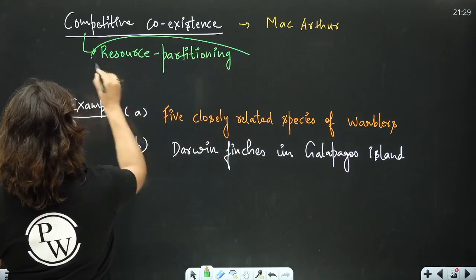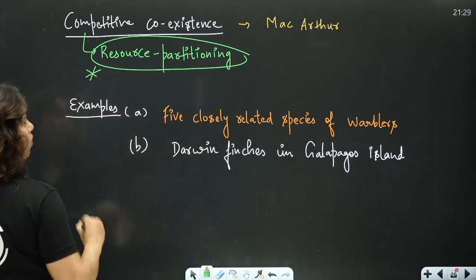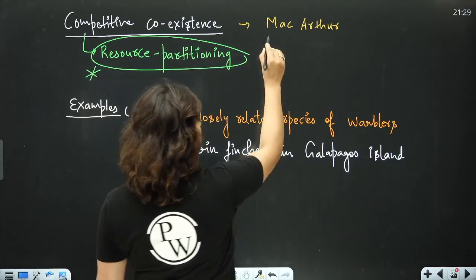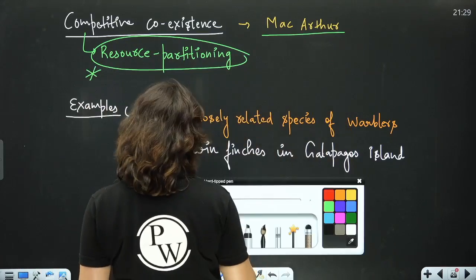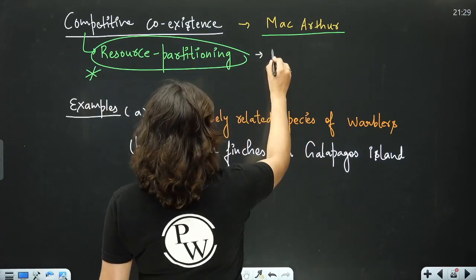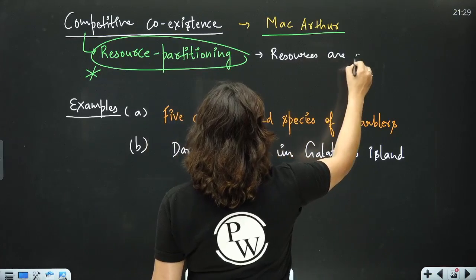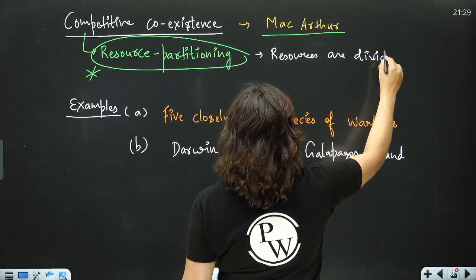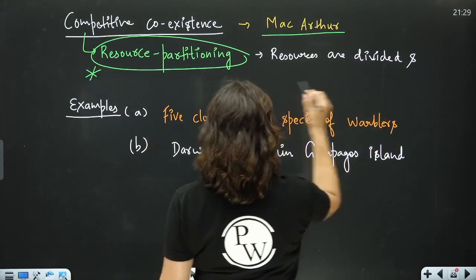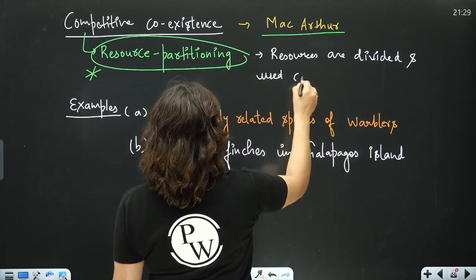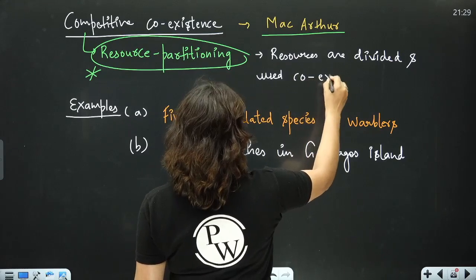The concept of competitive coexistence or resource partitioning was given by MacArthur. That means the resources are divided and used coexistently.